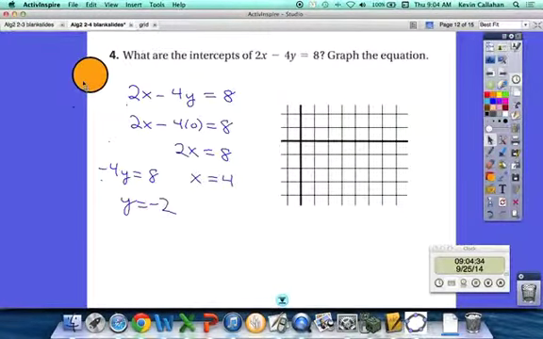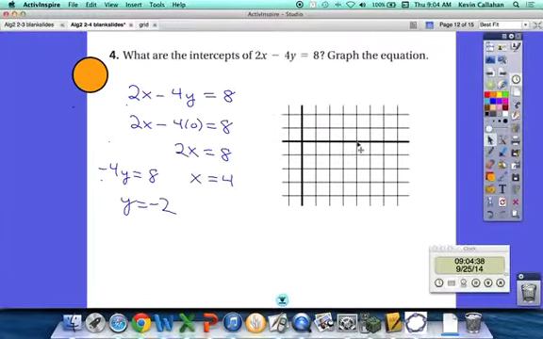There's your 2 points. So on the graph, if the x-intercept is 4, then you go here. The y-intercept is negative 2, then you go here. And then you just draw a line, because all you need is 2 points to draw a line.